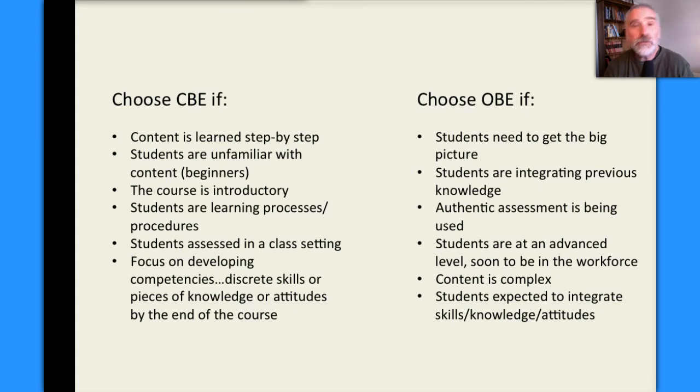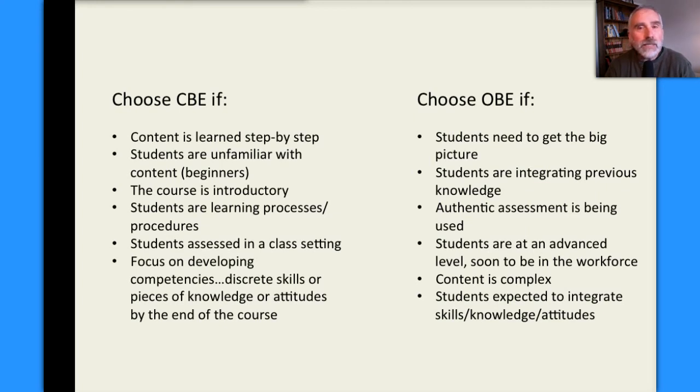Now, on the other hand, choose OBE. If students need to get the big picture, if they're integrating previous knowledge, if authentic assessment is being used, and by authentic assessment, we're talking about things that try to capture the more dynamic nature of the real-world performance. So things like portfolios, video portfolios, for example, is a good example. Ongoing student reflection on how they're doing, placements in the real world, those sorts of things.